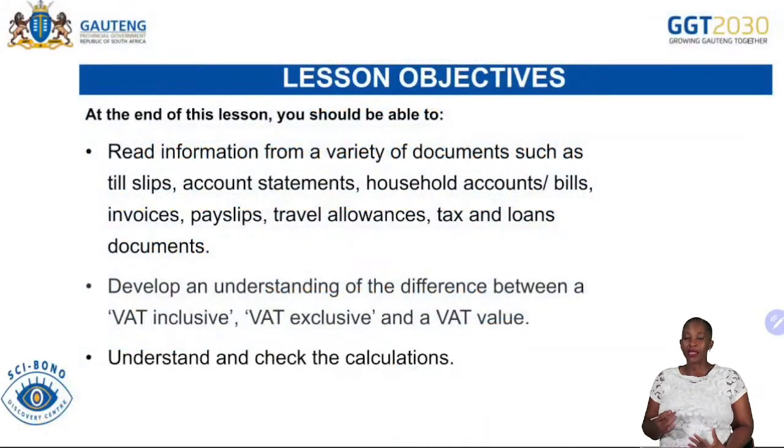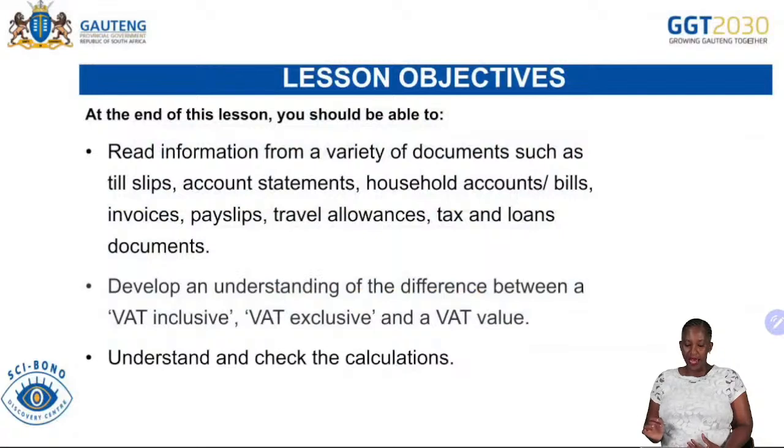Now, let's see what our objective is for today's lesson. By the end of this lesson, you should be able to read information from a variety of documents such as till slips, account statements, household accounts or bills, invoices, pay slips, travel allowance, and tax and loans documents.